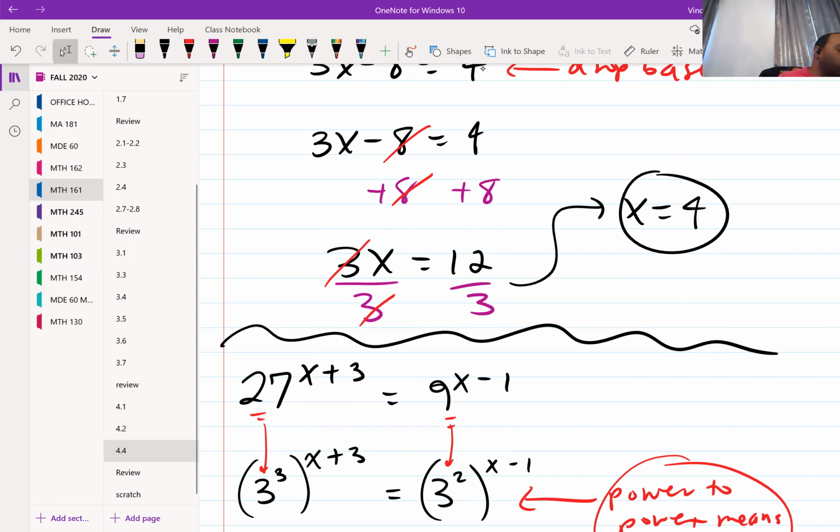All right. So since they're both powers of 3, we are good to go. Also, don't forget your exponent rules. A power to a power means that you multiply your exponents. Here we have a power to a power in both cases, so we need to multiply them. And so I rewrote them right there: 3 to the 3 times x plus 3 equal to 3 to the 2 times x minus 1.